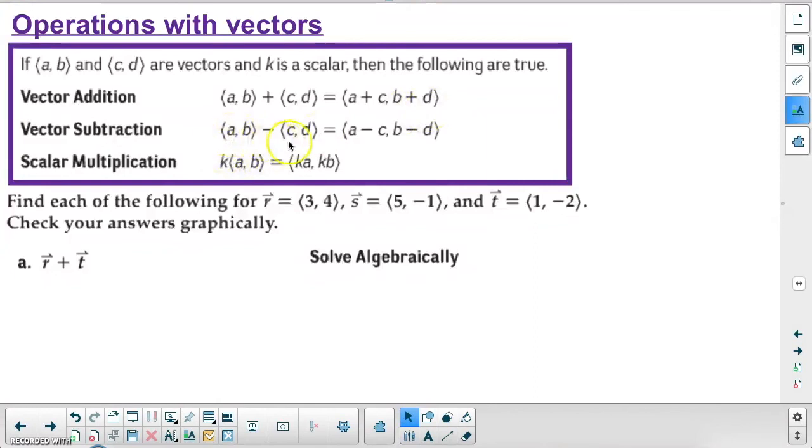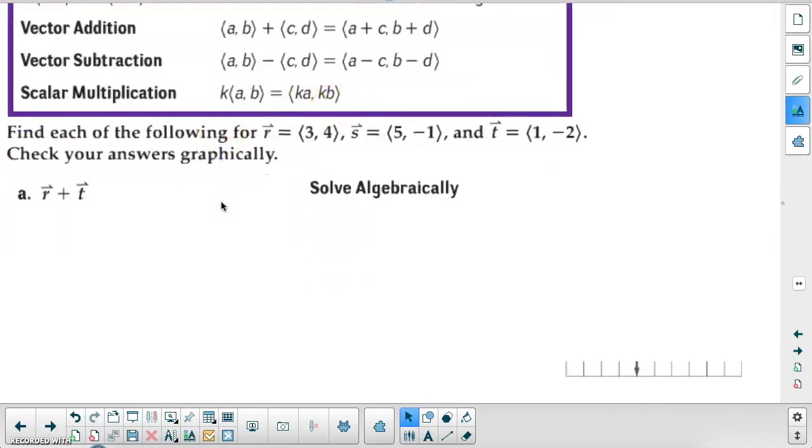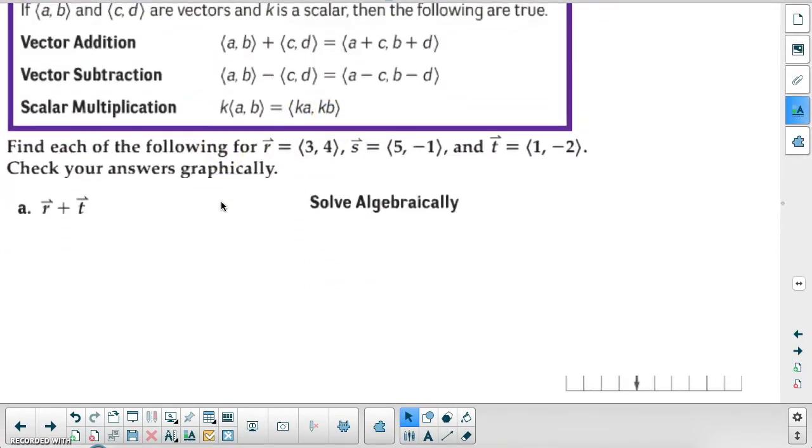If we're subtracting two vectors, we're really just subtracting the components. If we're multiplying by a scalar quantity, we're just going to distribute that scalar to both the x and y components. So we're going to take a look at these operations with r, s, and t.